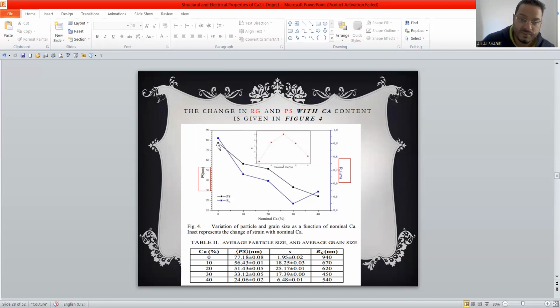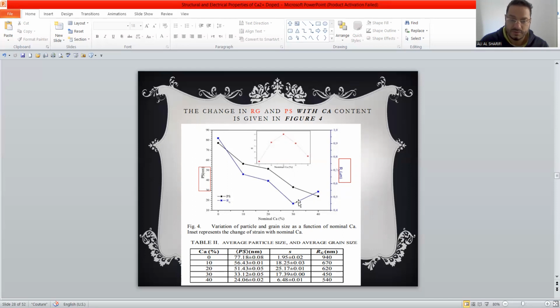It starts here at 0 calcium, where we don't have any doping element, approximately less than 80. When we have 10% of calcium as doping element, the particle size is less than 50 nanometer, and it starts decreasing like that. Here, at 30 is the bottom point plotted.